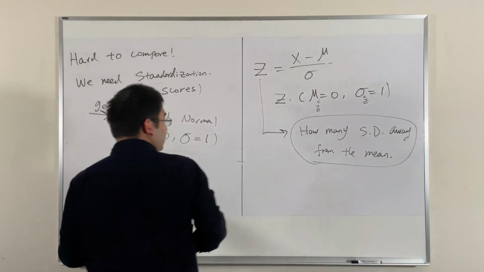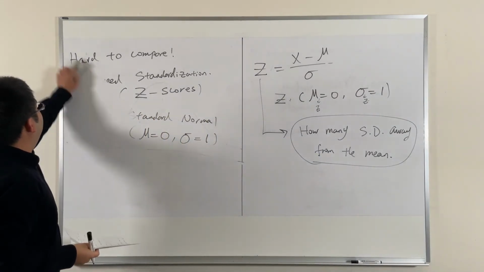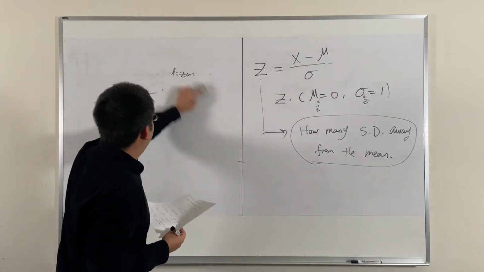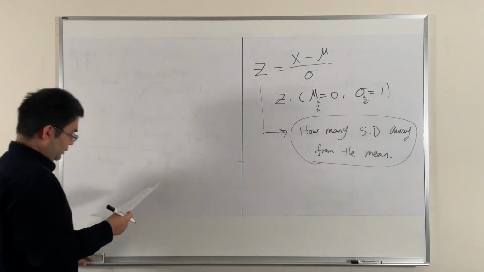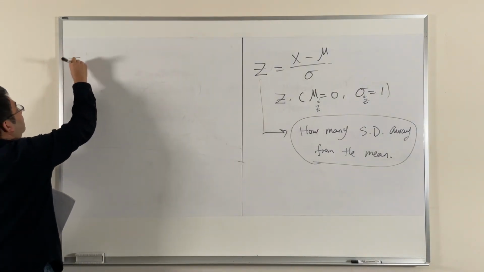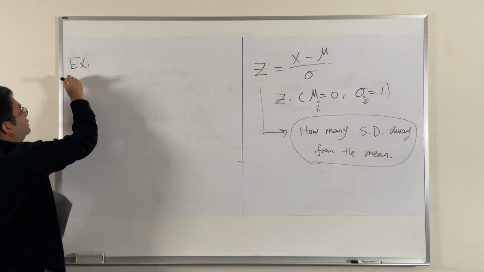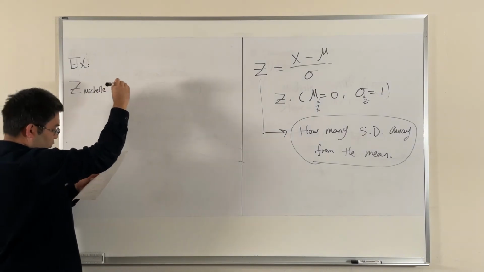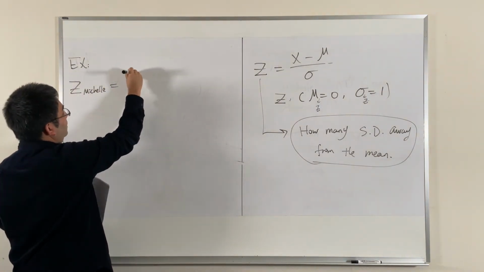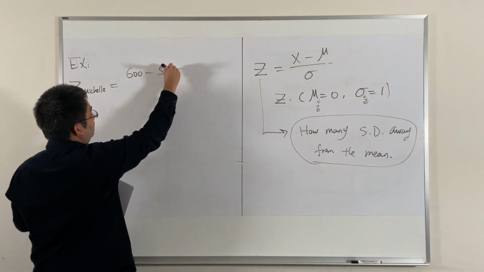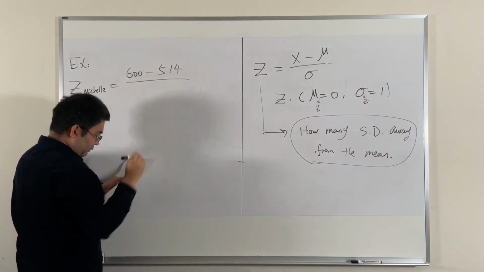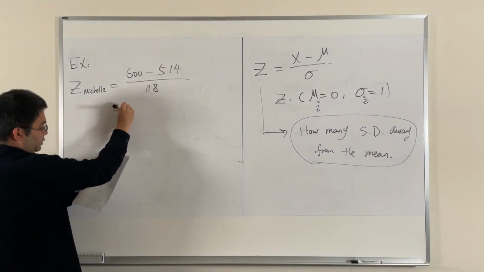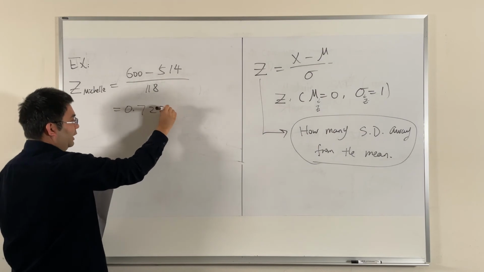Now let's go back to our example and standardize Michelle and Steven's score. Okay, so z Michelle, we're going to apply that formula, is equal to a score 600 minus the national mean 514, and divided by the standard deviation 118, and this equals 0.7288.